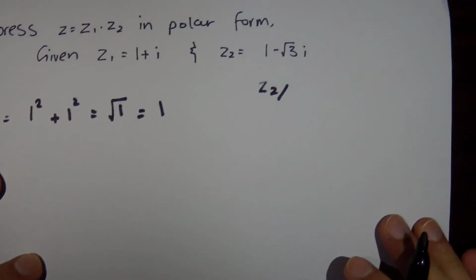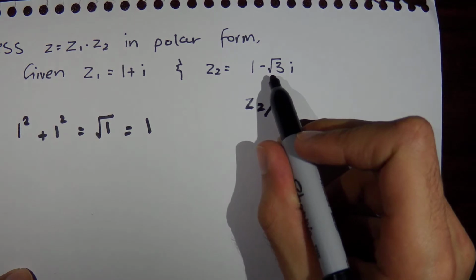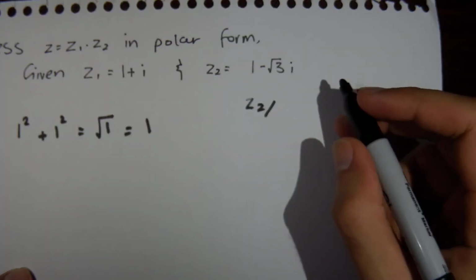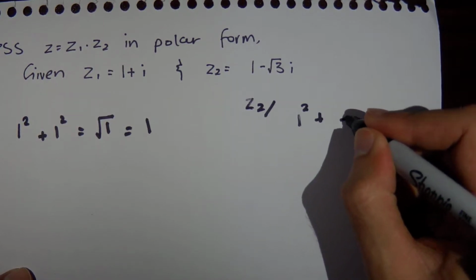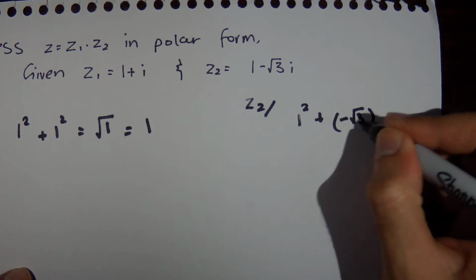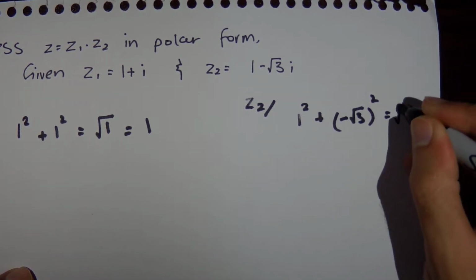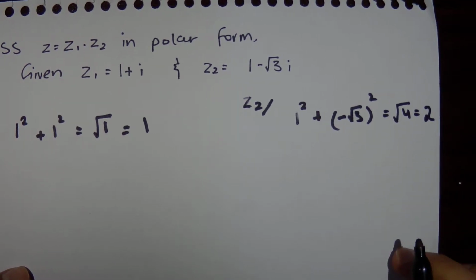The modulus of z2 would be the square root of 1 squared plus negative radical 3 squared, which is equal to 4, and then the radical of that should equal 2. We have our modulus.